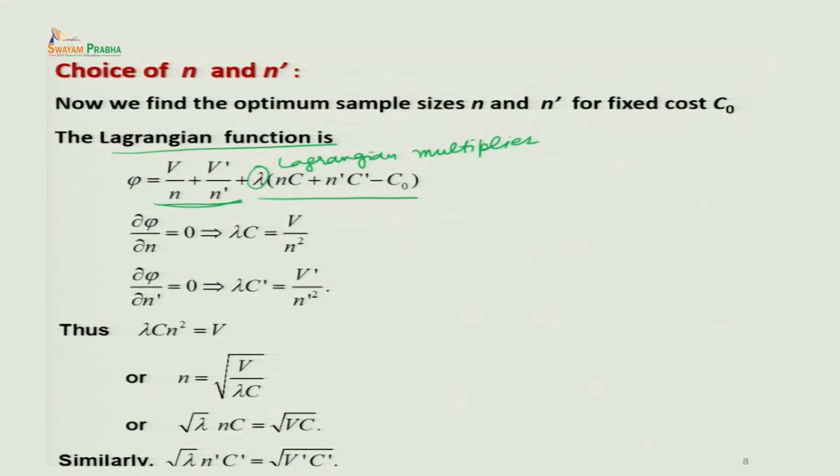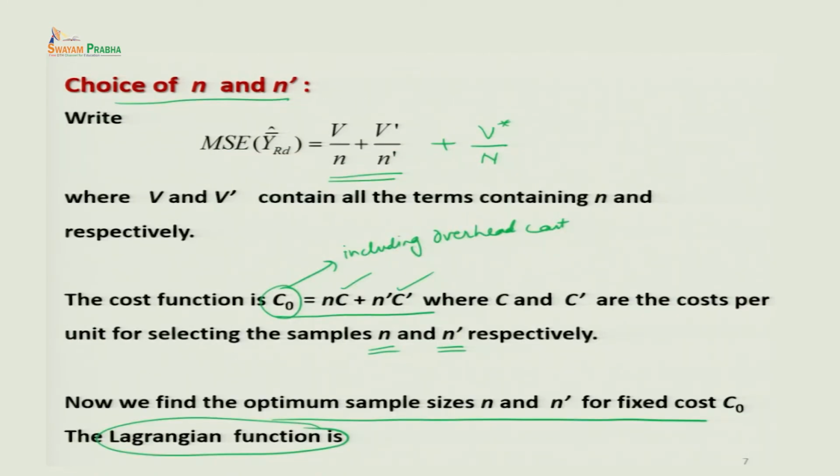And now you know that you have to differentiate this Lagrangian function with respect to n and n prime. Whenever you do it, a term like v star upon n, which is a function of n only, will automatically become 0, and that was the reason I have not included this term in this MSE function.